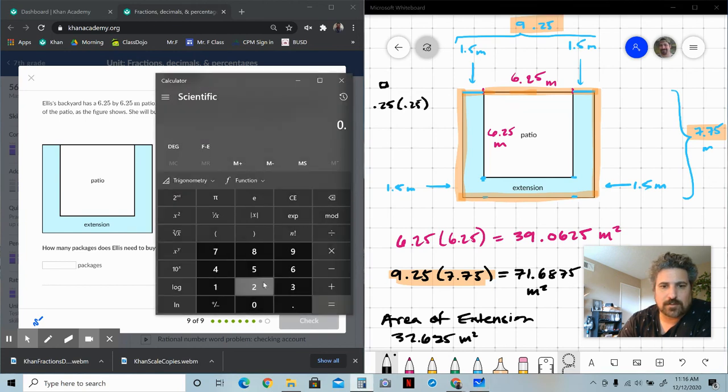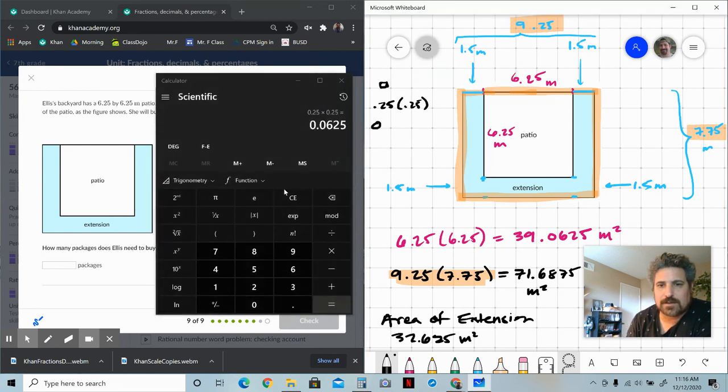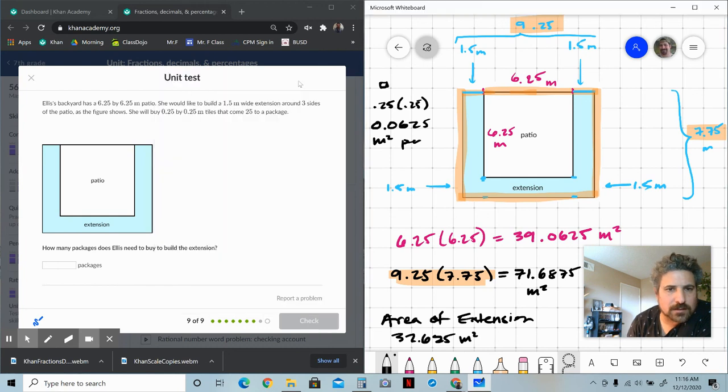So 0.25 by 0.25 is 0.0625 square meters per tile. So this is the amount of area that each tile covers, 0.0625 square meters. This is the total area that you need to cover. It's the whole rectangle minus the patio that you don't need to build because you already have it.